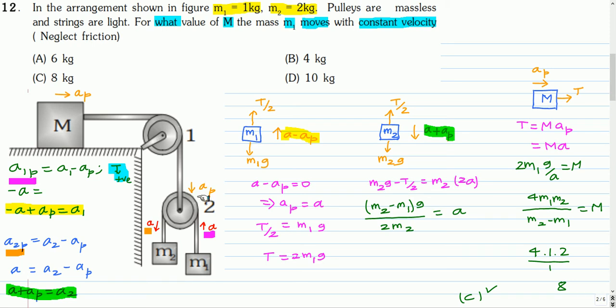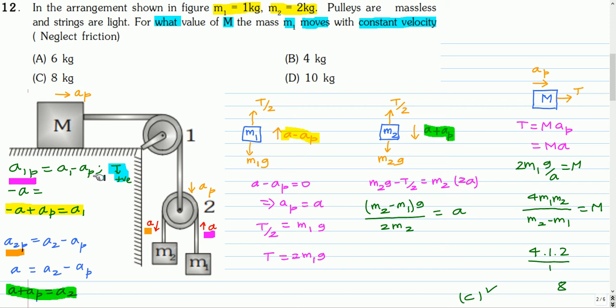Let the acceleration of the pulley be ap with respect to the ground. So this capital M will also move with the same acceleration ap. And let the acceleration of the string with respect to the pulley be a. With respect to the pulley, the acceleration of one side of the string will be a downwards and the other side will be a upwards. So the acceleration of m1 with respect to the pulley is a1 minus ap.